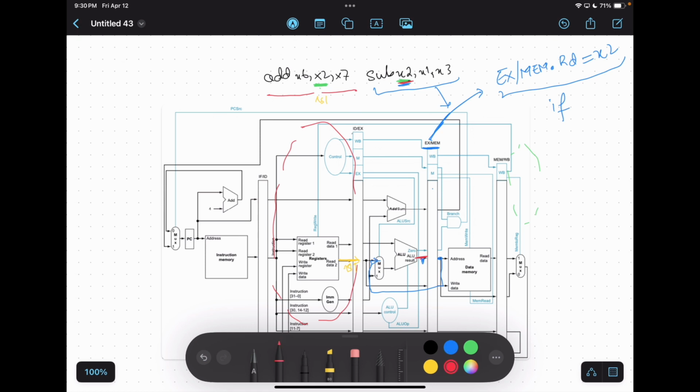look at this register idx. So idx, id slash x dot, let's say rs1.